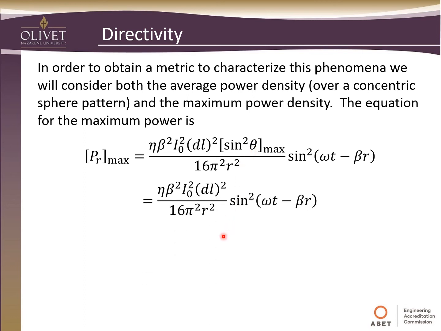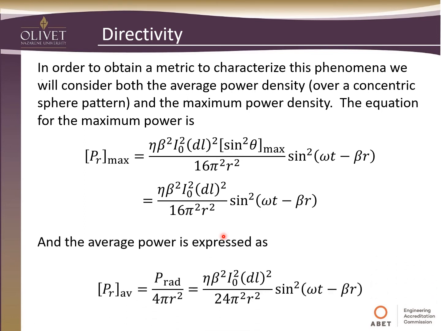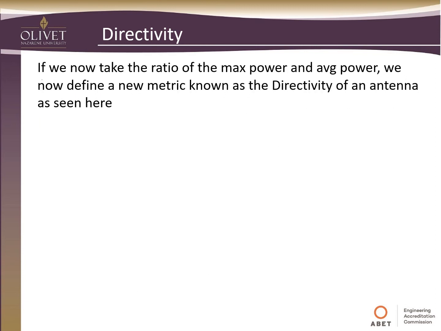So we can just drop that term out or set it to 1, and this is our equation for maximum radiated power. So now the average power we expressed as this, by dividing by the 4 pi r squared, which is just a sphere. So that's if we evenly spread it across an entire sphere, what would it be on average?